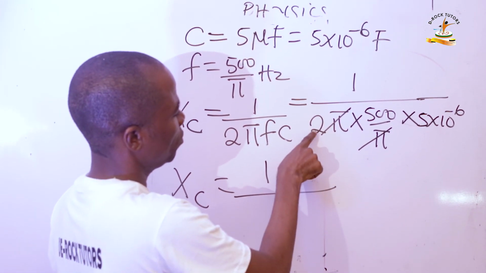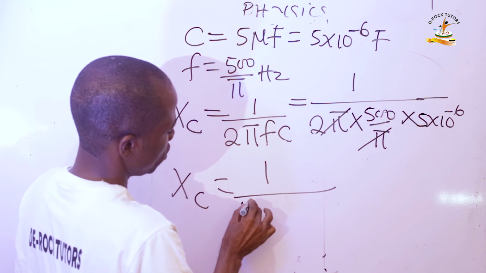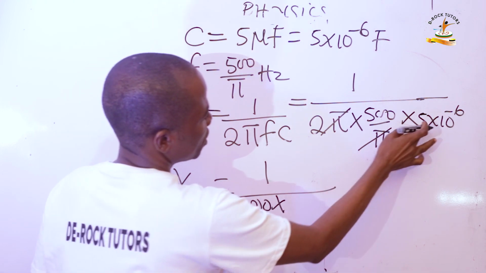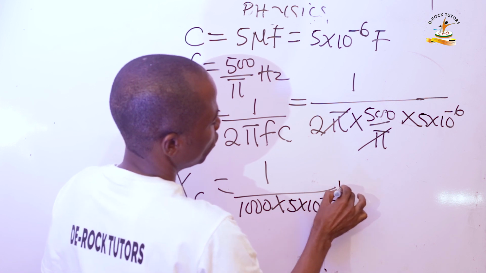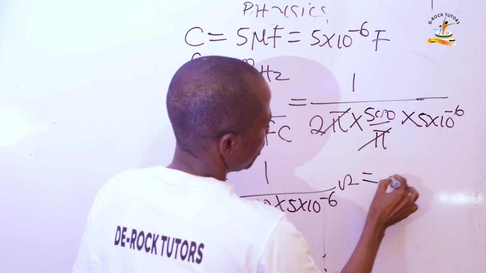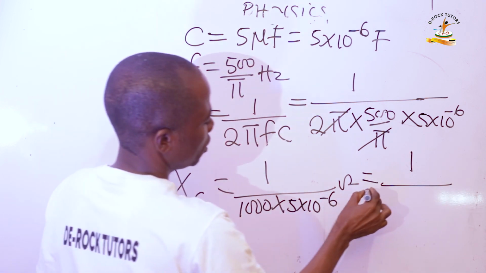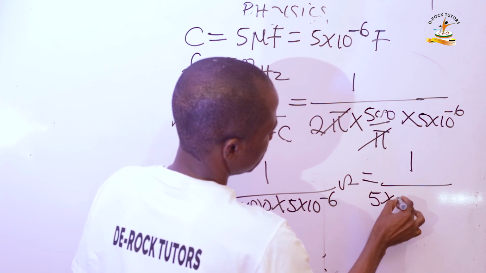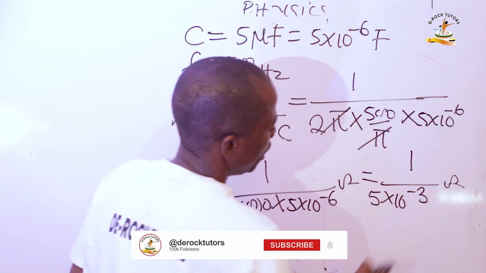What do we do now? 2 times 500 will give us 1,000. 1,000 times 5 times 10 to the power minus 6. Don't forget the unit is ohms. And this gives us 1 all over 5 times 10 raised to the power minus 3, everything in ohms.